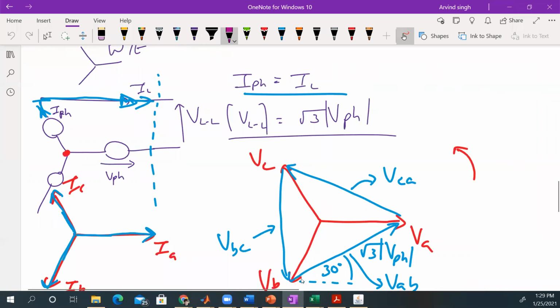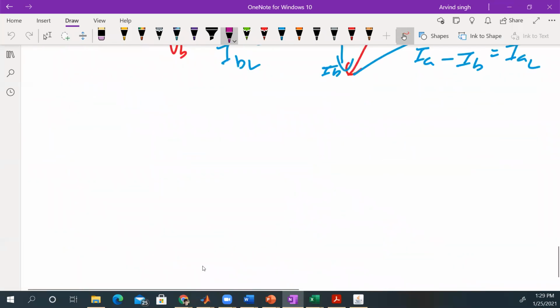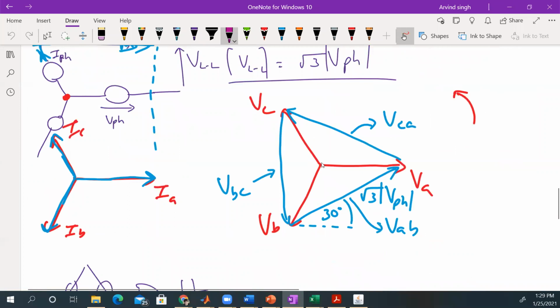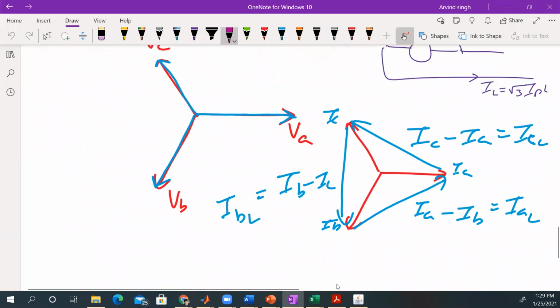So if I had assumed this line-to-line voltage here was the 0, then this phase voltage would really be minus 30. Good? So instead of doing that, since we were building on the phase voltage calculations, I just assumed the phase voltage was really the 0, and I was just using the line voltage to calculate the magnitude of that phase voltage.